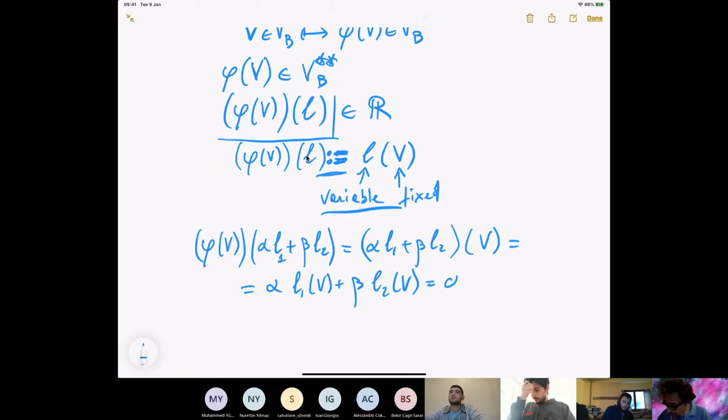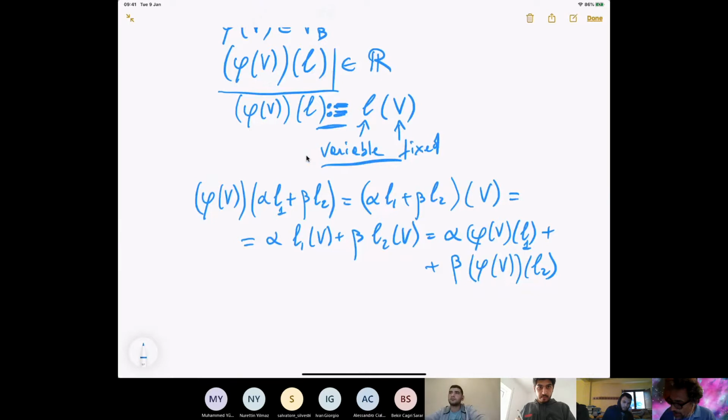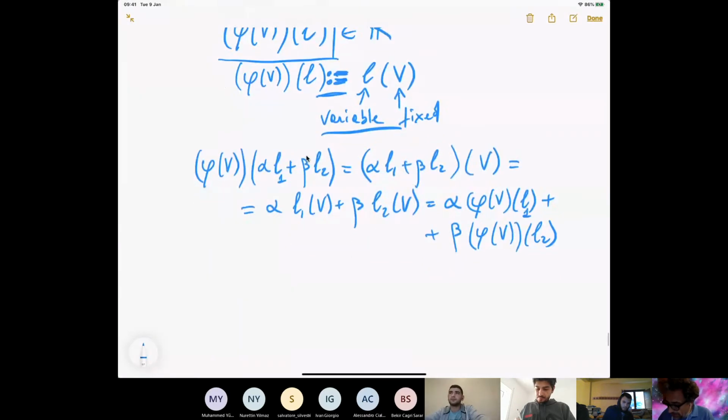And finally, we have that this is alpha phi V of L1 plus beta phi V of L2. Okay. And so we have proven that phi V belongs to V star star B.